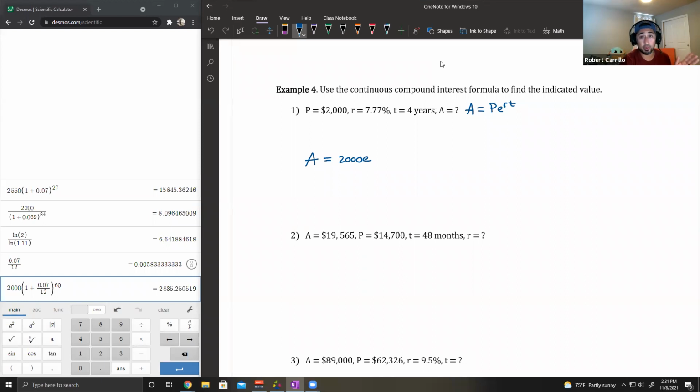times E raised to the 7.77. So remember, you always convert to decimal. So raise that to the 0.0777 times time.